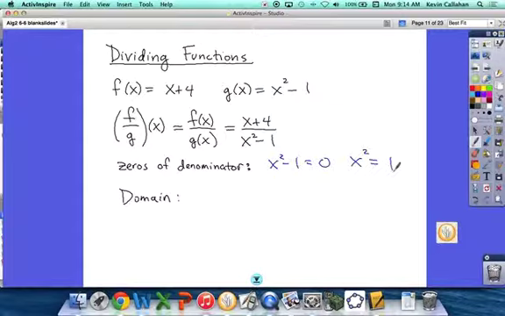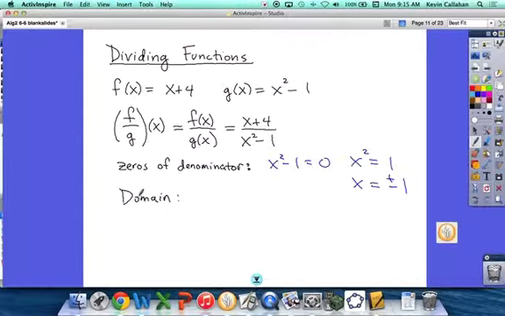How do you turn an x squared into an x? You take the square root of both sides, right? And when you take the square root of 1, we say it is plus or minus 1. Remember, when you take the square root, you need the plus or minus. So the zeros of the denominator are x equals 1 and x equals negative 1.